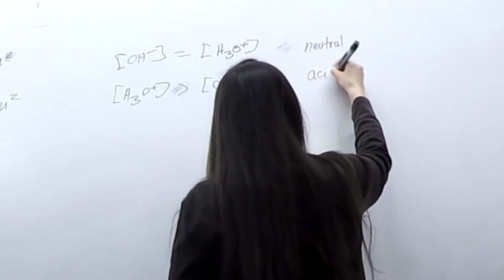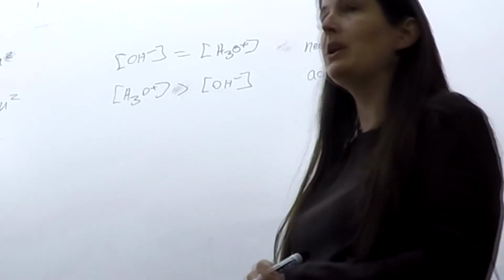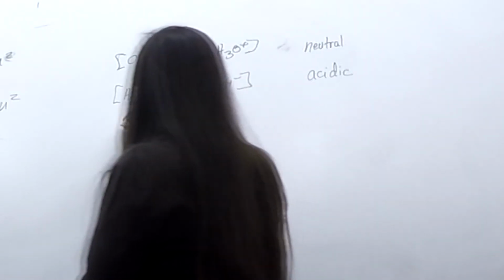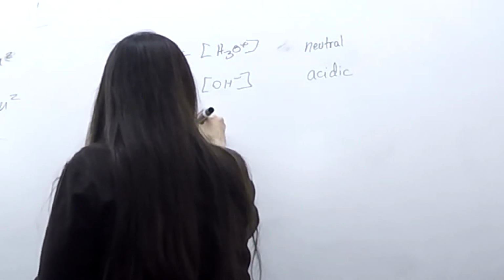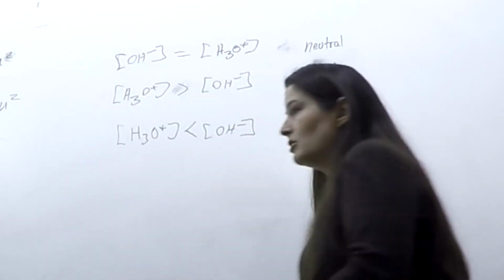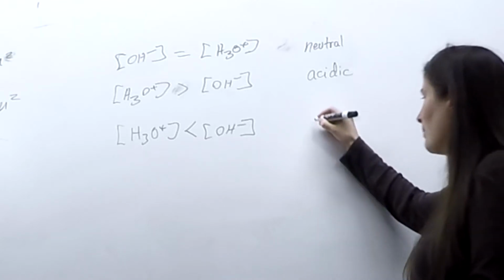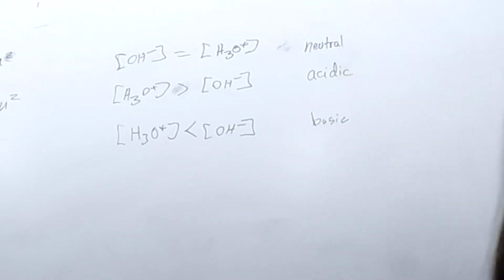So we would say that this situation will give us an acidic solution. Now, how acidic, we don't know yet, but we just know that it will be more acidic. So if we have the other way around, and now the concentration of OH becomes greater, then we have, of course, the opposite situation, where now we are going to be working with a basic solution.